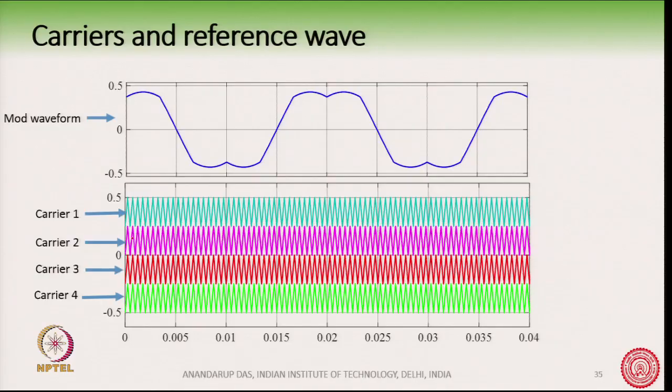The waveform is here and the carriers are spanning throughout the waveform, because ultimately we need to produce the sine wave, and if we do not have the pulse width modulation, we cannot produce the variable voltage which are part of the sine wave.